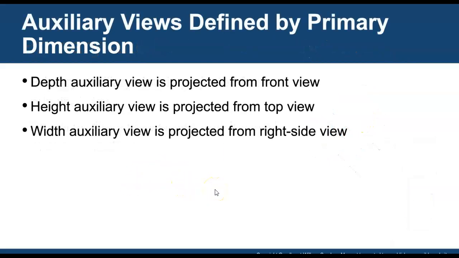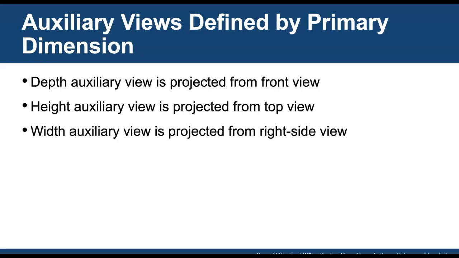We have a couple more terms that we need to go over here: depth auxiliary view, height auxiliary view, width auxiliary view. As you start to think about this, think about which of the main views are not showing that depth or height or width.